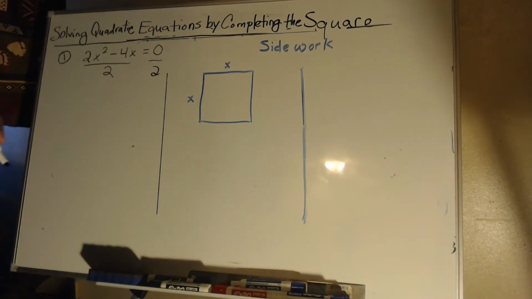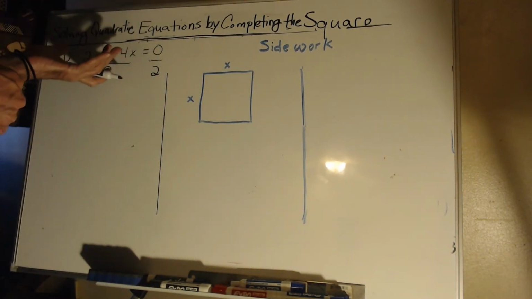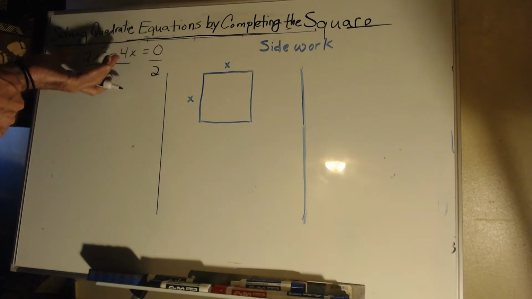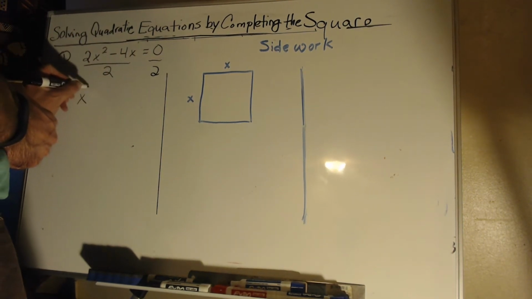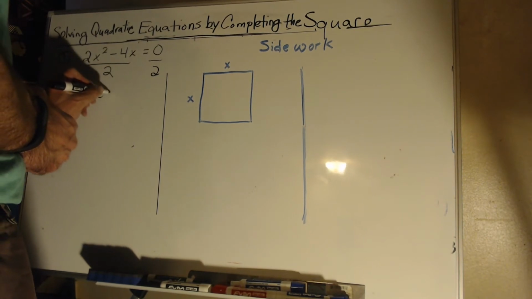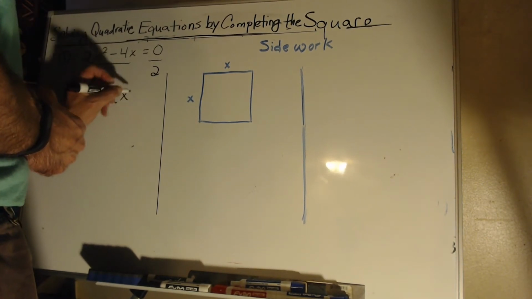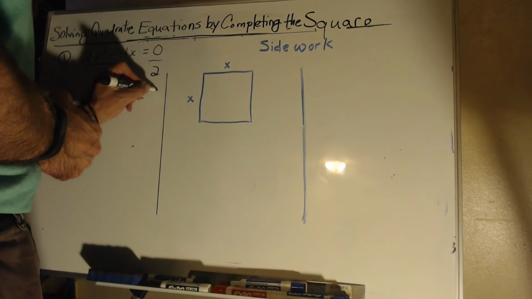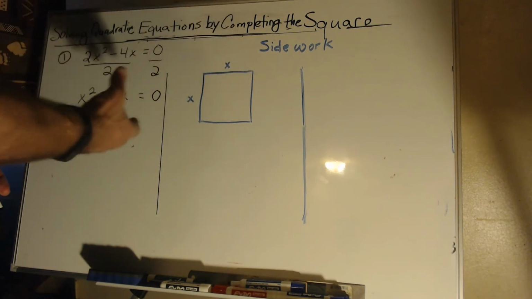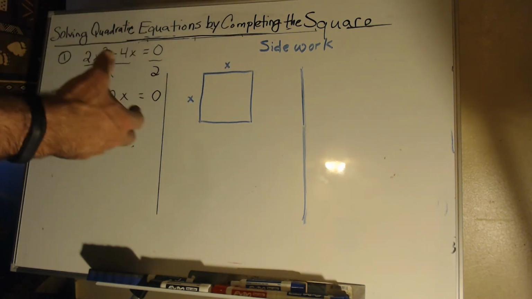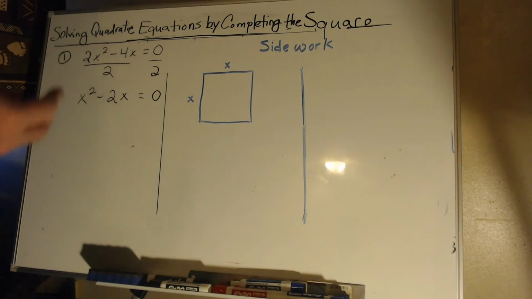And for lack of a better word, that division by 2 is going to have to be distributed across the terms on the left side. We get x squared minus 2x, still equal to 0. Now, I know we have subtraction here, and there is a better way to draw this, but I and most others don't bother going through that.